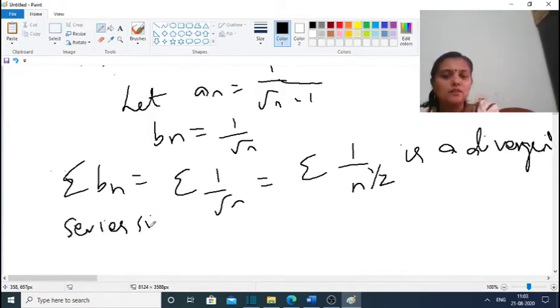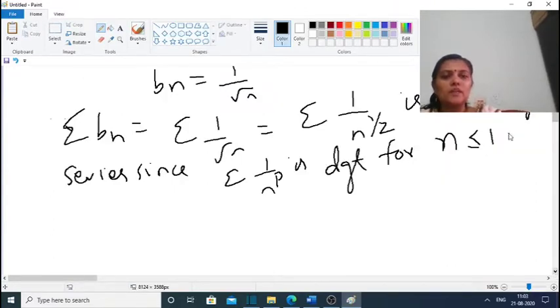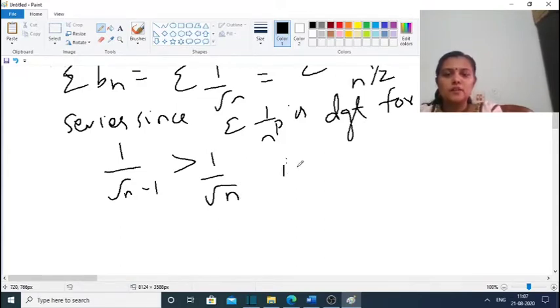since sigma 1 by n raised to p is divergent for p less than or equal to 1. So sigma bn is divergent. Now consider 1 by root n minus 1 greater than 1 by root n, for n greater than or equal to 2.